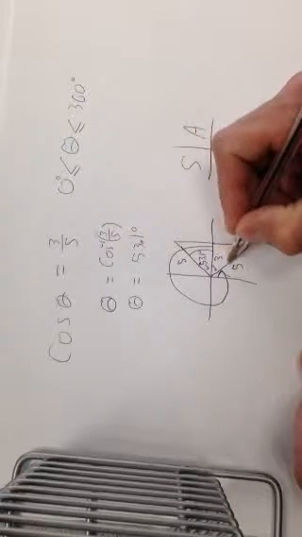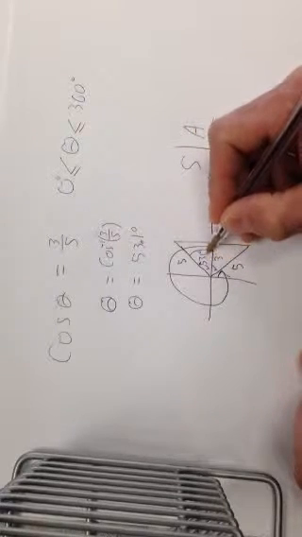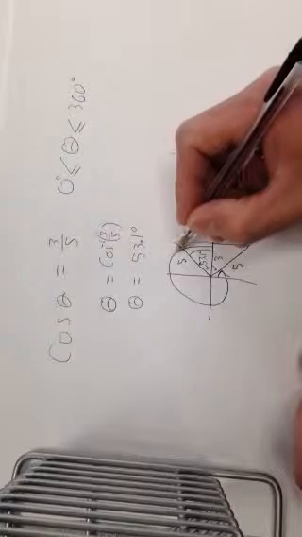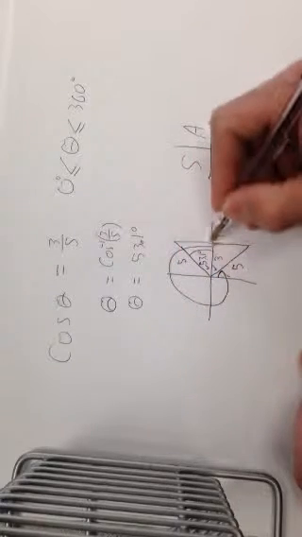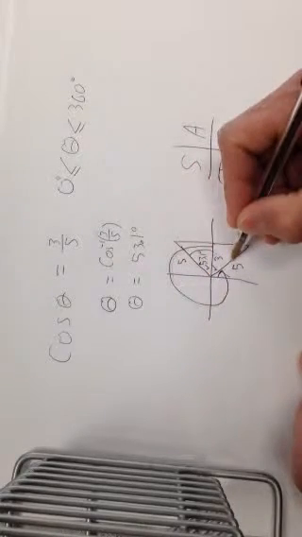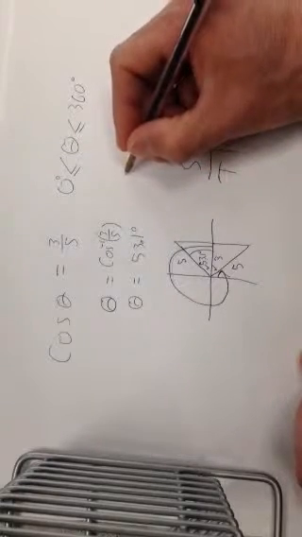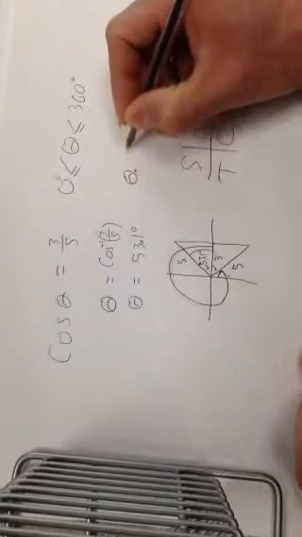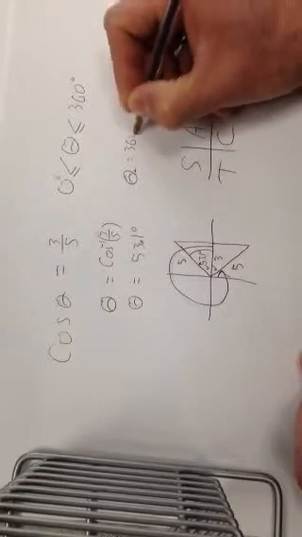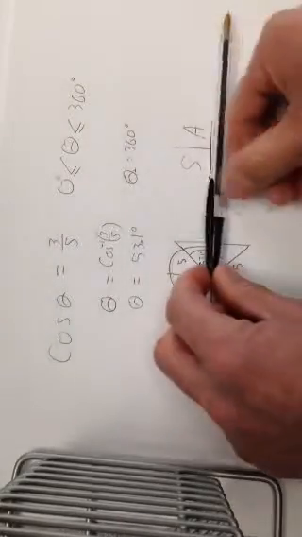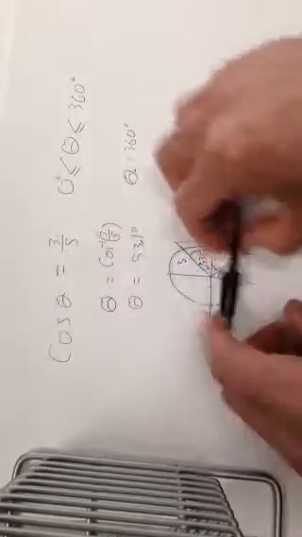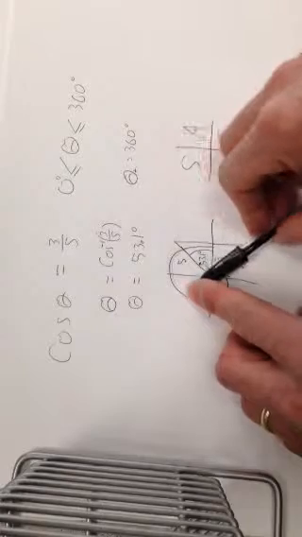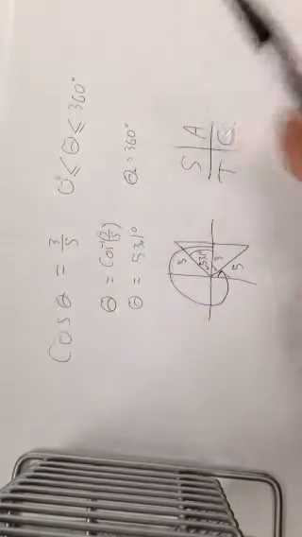That makes this angle in here 53.1 degrees. So the other angle I'm looking for, counterclockwise off the positive side of the x-axis, theta 2, I'll call it, is 360 degrees, which is a full rotation, minus 53.1 degrees.